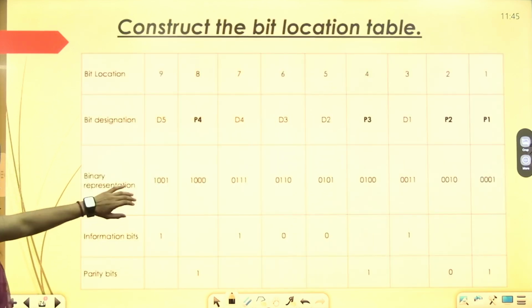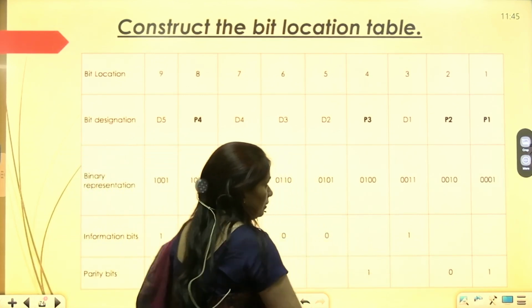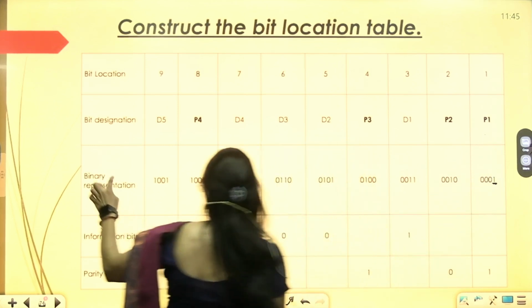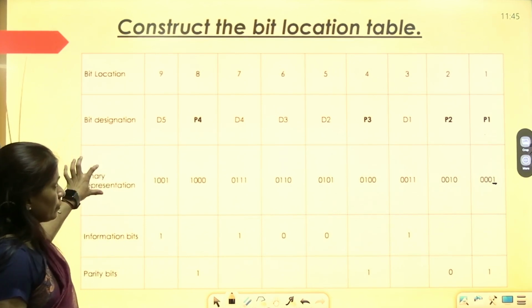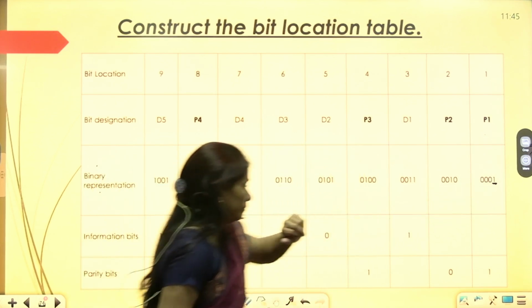Next, the value of the redundant bits. Check P1. P1 uses the binary representations of 1 to 9 and checks the first position of the 1.